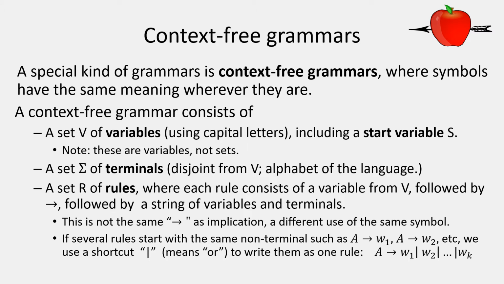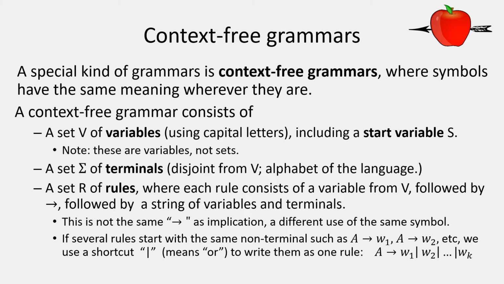So the grammar has two kinds of symbols, the variables and the terminals, or the alphabet. But what really makes a grammar the recursive definition is a set of rules. And in a context-free grammar, every rule has a very special form. You have a variable, and then you put an arrow. By the way, it's a different meaning of an arrow than the implication, so just think about it as a different symbol.